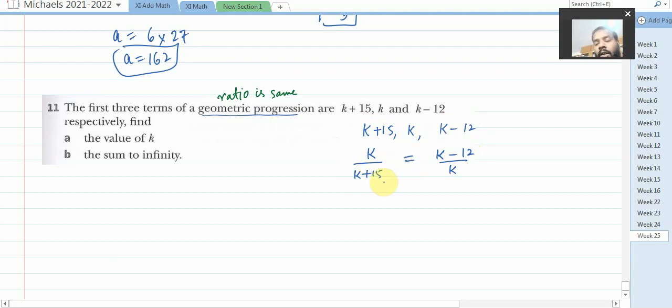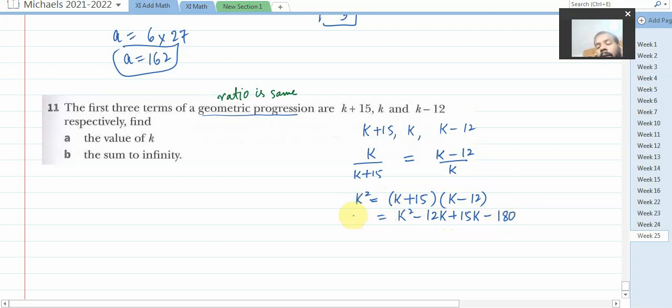Now we can start with the cross multiplication. That will be k squared equals k plus 15 times k minus 12. Multiply the brackets: k squared minus 12k plus 15k minus 15 times 12, and 15 times 12 is 180.